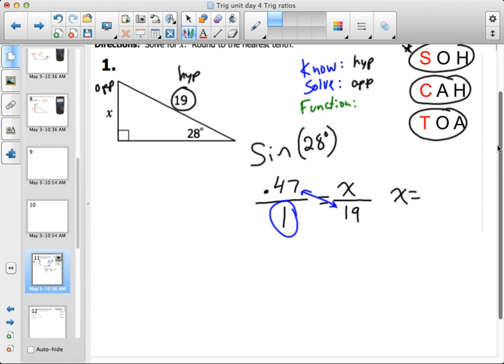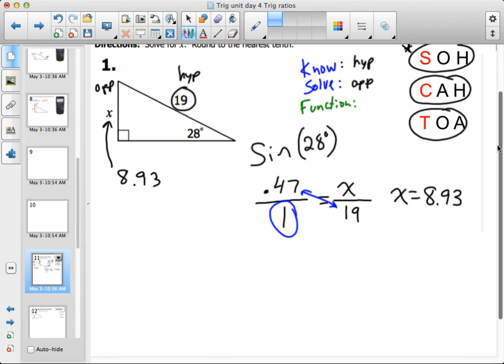That's not right. That's 4.7. 0.47 times 19. It's always good to estimate first, then you don't make mistakes. 8.93. Which tells us that x would be 8.93 units.